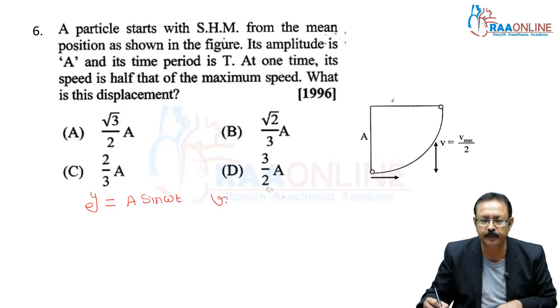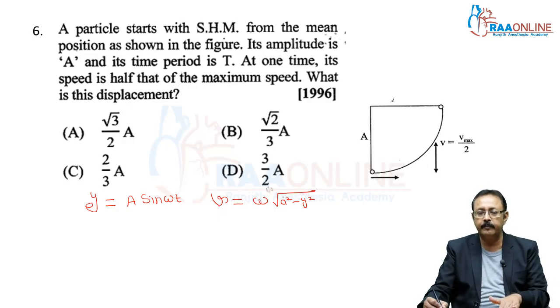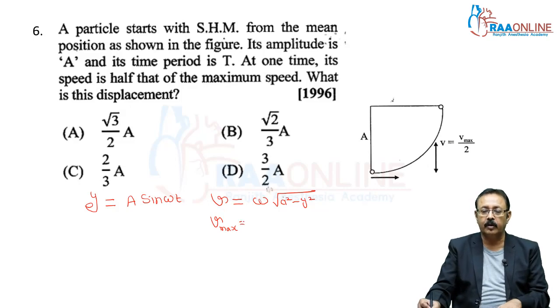What was the formula for speed? v was omega under root a square minus y square. v will be maximum when y is 0, because a smaller value of y gives a larger value of v. Since a square cannot be negative, its minimum value is 0. So the maximum value of v is omega into A.